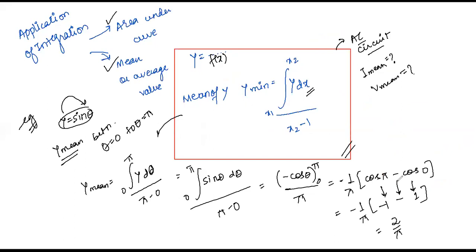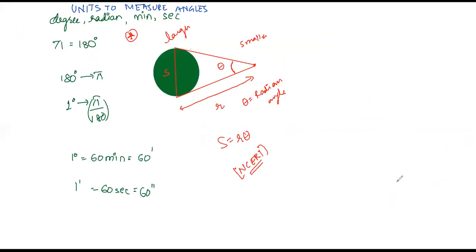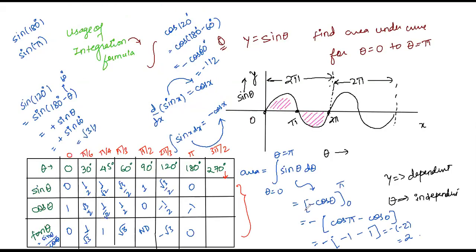Then we understood the parallax method, right? S is equal to R theta is one of the formulas. And we also understood the relation between degrees and radians, degrees and minutes, degrees, minutes and seconds, which can help you in interconversions.